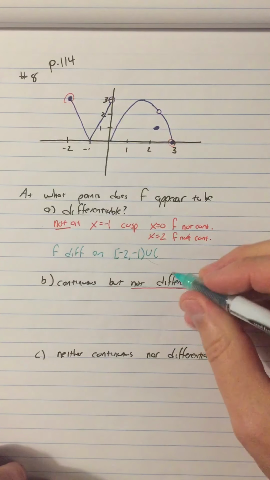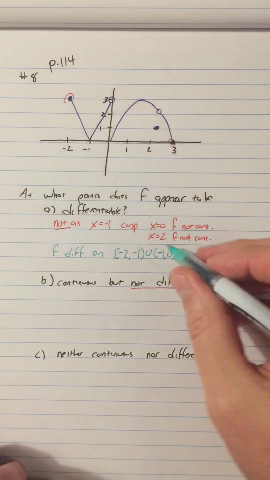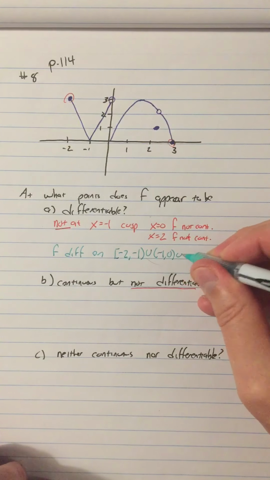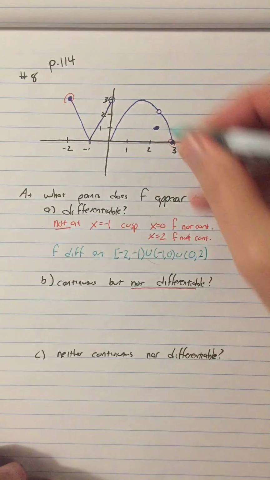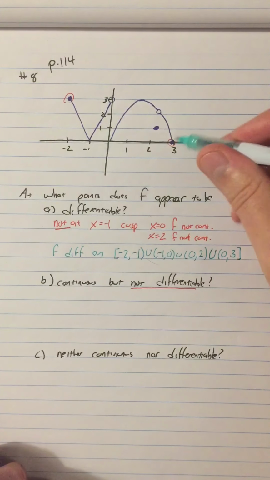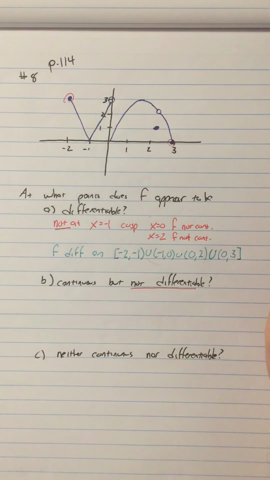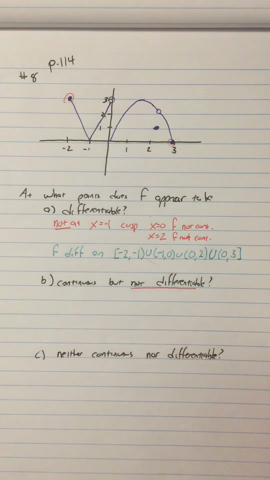Then -1 to 0, but not including 0. And then from 0 to 2, but not including 2. And then 2 to 3, and we actually can include 3 because this is what we call left differentiable, but again, we won't worry so much about the endpoints. So answering the question, where is f differentiable, requires you to write 3 separate intervals.